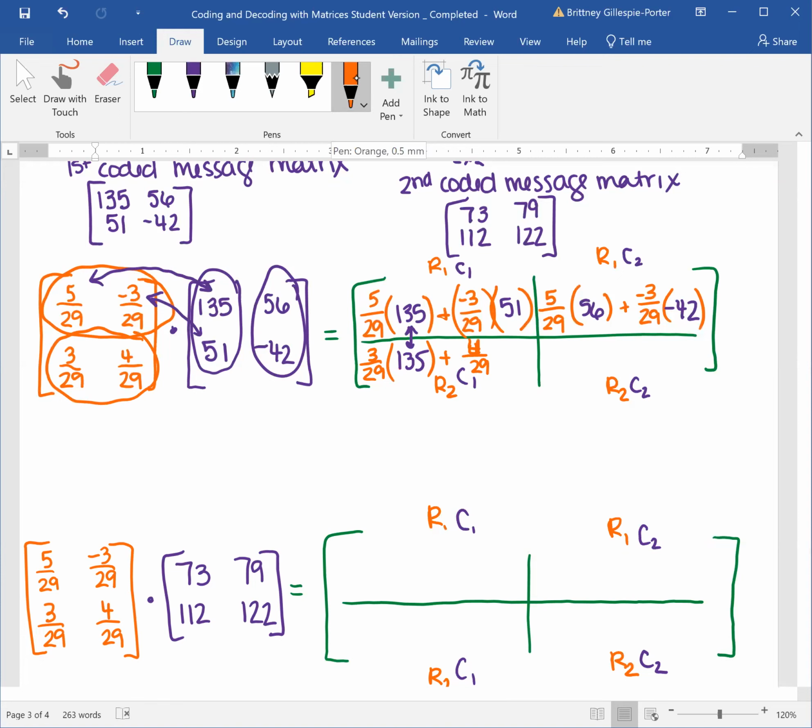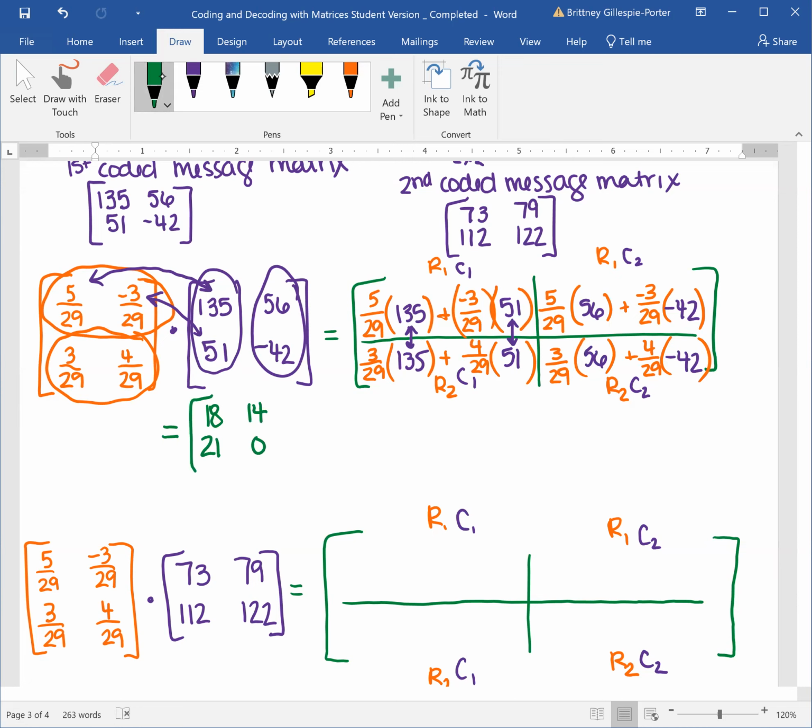I know I'm going to immediately need the 51 next to it. Then my orange numbers repeat. So 3 over 29. And then my 4 over 29. And I'm going to carry down my purple numbers. 56, negative 42. If you do this multiplication, our top one left should be 18, then 21, 14, and 0.